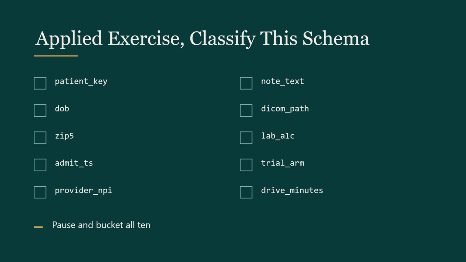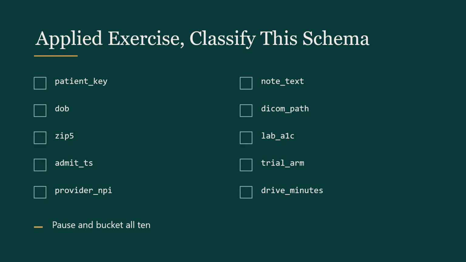Quasi-identifier, and the strongest one in the file, because it alone carries about 36,000 distinct values. Zip5, quasi-identifier. Admit timestamp, recorded to the second. Quasi-identifier, and far worse than an admit date, because a timestamp to the second is nearly unique on its own.